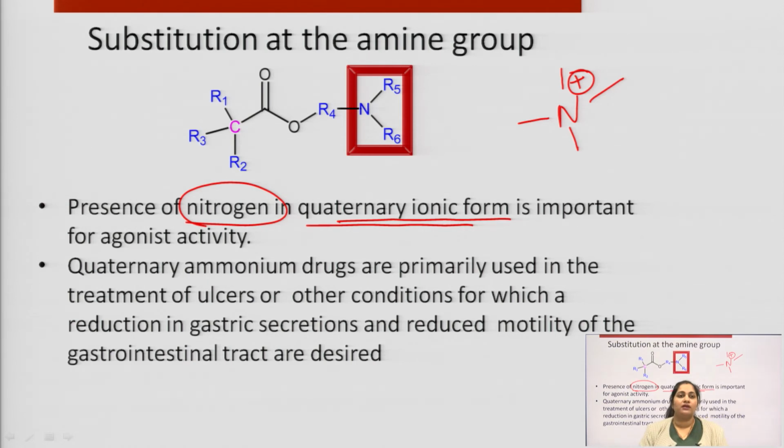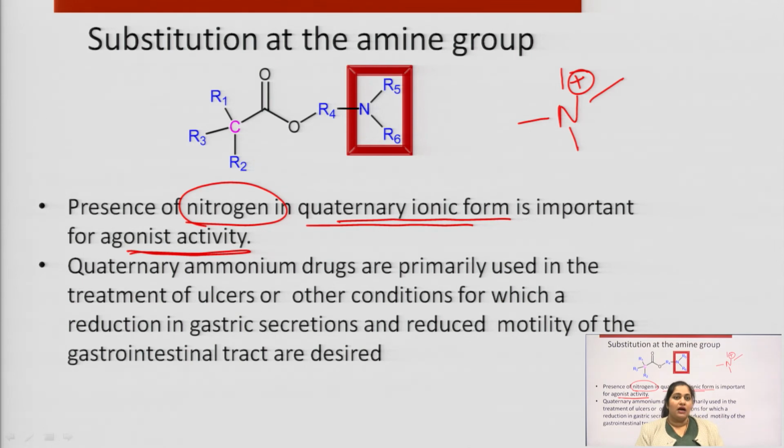This is the quaternary ionic form. This is very important when we talk about the agonist activity. To make them agonist to acetylcholine, the nitrogen must be in quaternary ionic form.